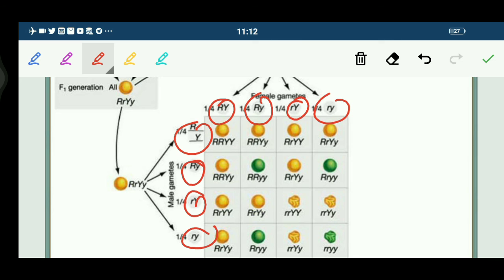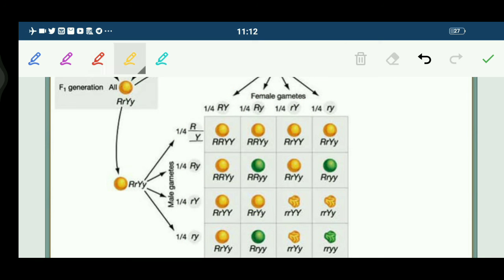Now you can see when these gametes get fused, we have got a round yellow seed, that is capital R, capital R, capital Y, capital Y. Similarly, you can fuse this with this, then this and this. So the first row is finished. Now the second gamete, that is capital R, capital Y. These are the male gametes and these are the female gametes. Take care. Similarly, fuse capital R, capital Y with first this, then this.